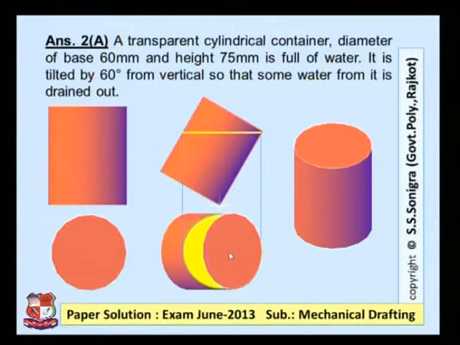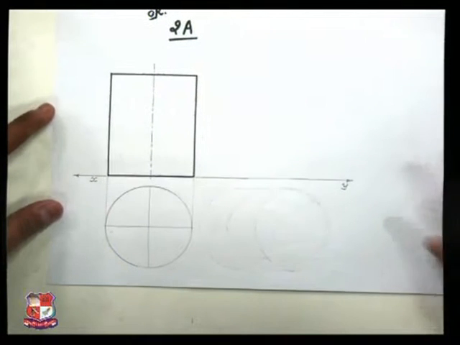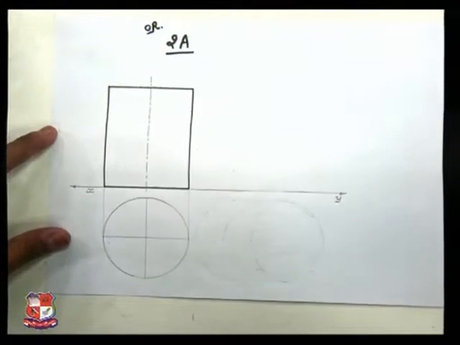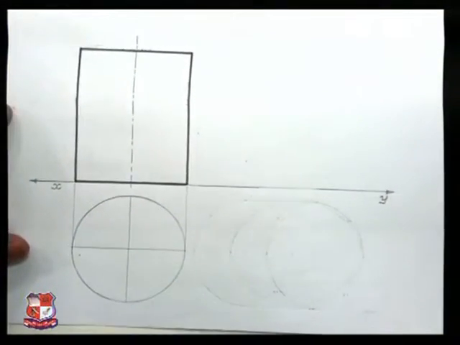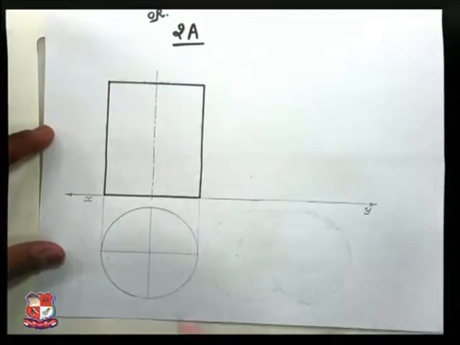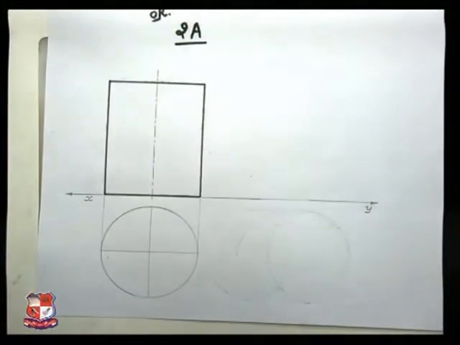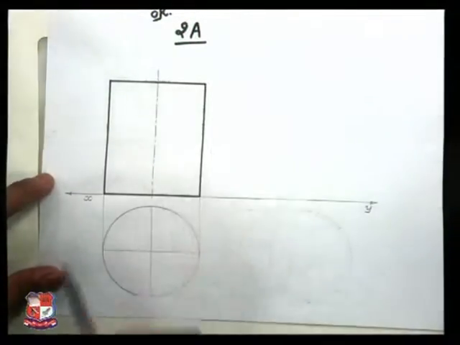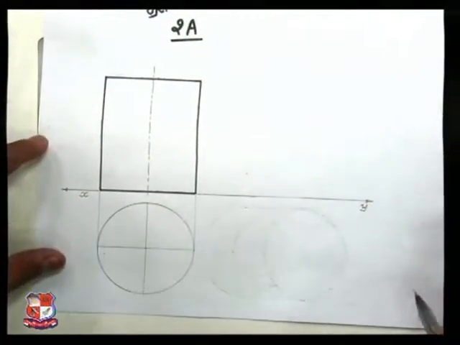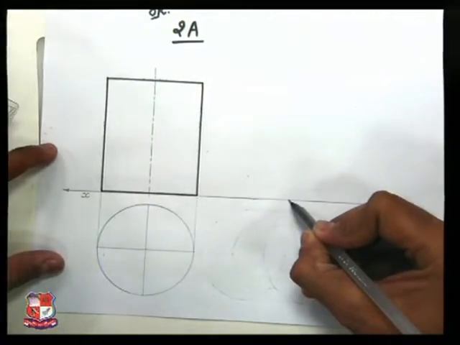Let me draw it practically on our drawing sheet. Here this is the given data. The height of the cylinder is known to us, and the diameter is known to us. Now we have to tilt this rectangle in such a way that it makes an angle of 60 degrees with the XY line.